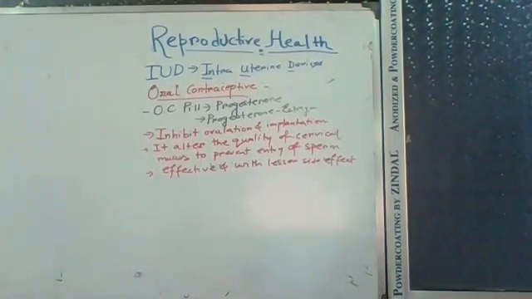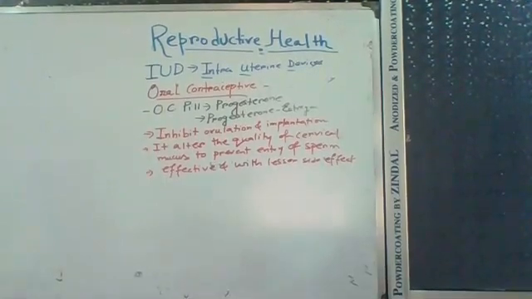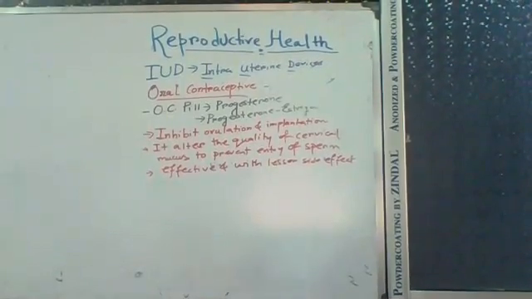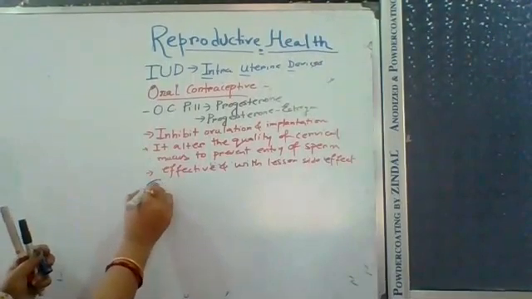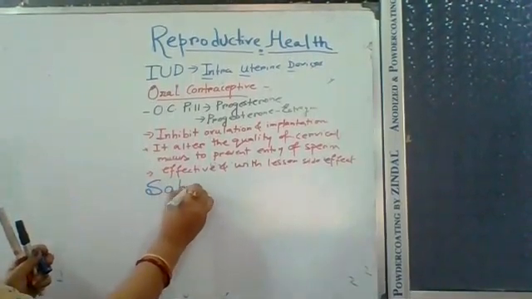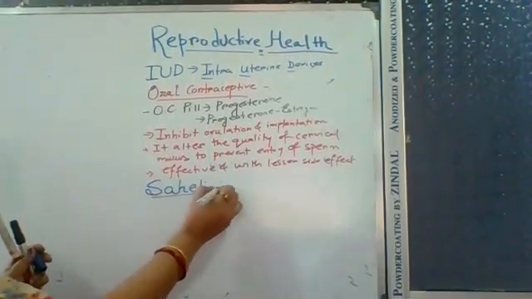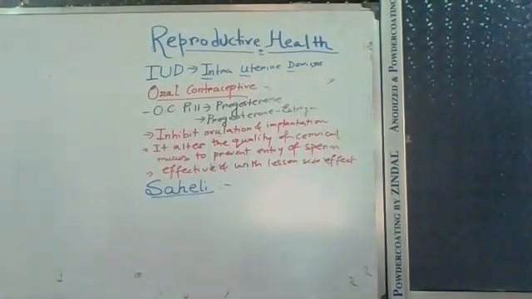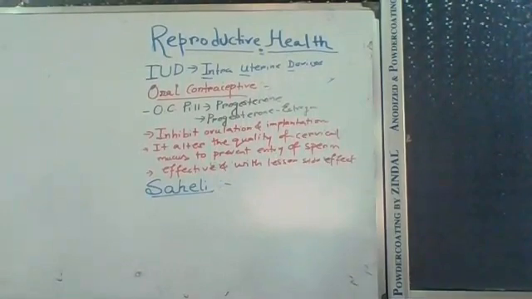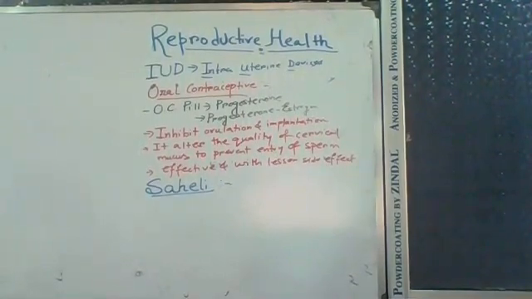Clear? So in the market different kinds of pills are there, but out of this, one of the remarkable pills is known as Saheli, right? It is a new oral contraceptive for the female and it contains a non-steroidal preparation.